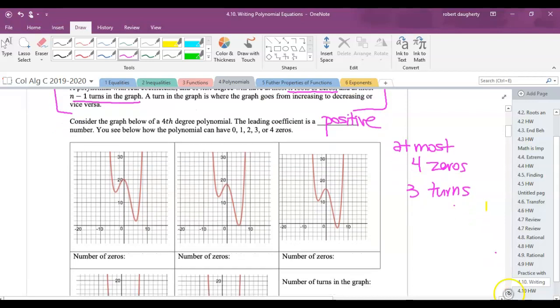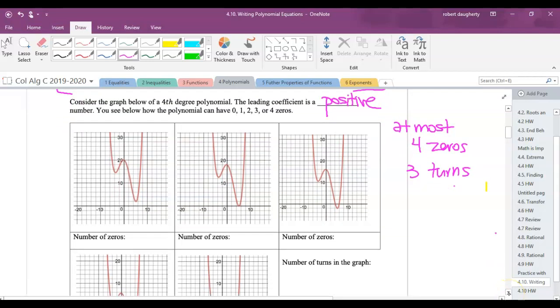Now what does this look like? How many zeros does this first one have? Zeros are where it crosses or touches what axis? X-axis. Do you see it doing that? Yeah. This one has no zeros. Okay. Now the same graph. What happened when I got from here to here?